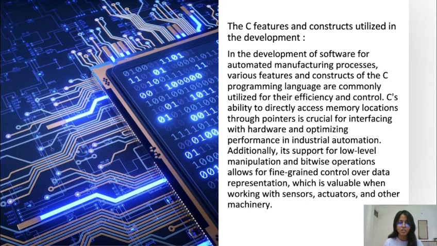C's ability to directly access memory locations through pointers is crucial for interfacing with hardware and optimizing performance in industrial automation. Additionally, its support for low-level manipulation and bitwise operations allows for fine-grained control over data representation, which is valuable when working with sensors, actuators, and other machinery.